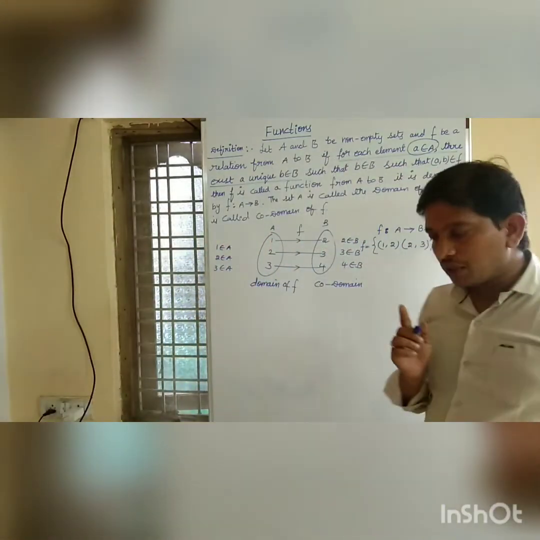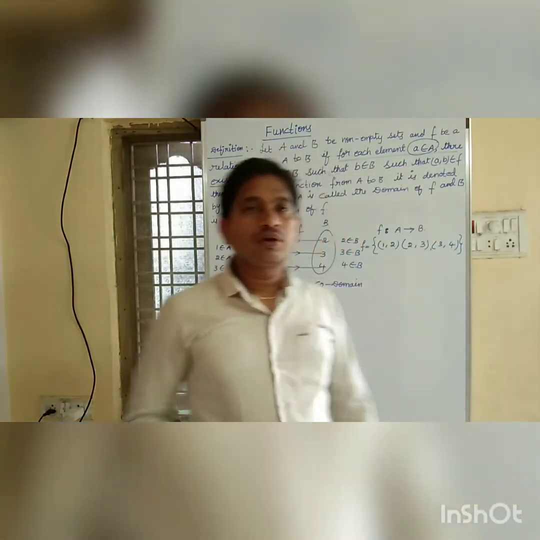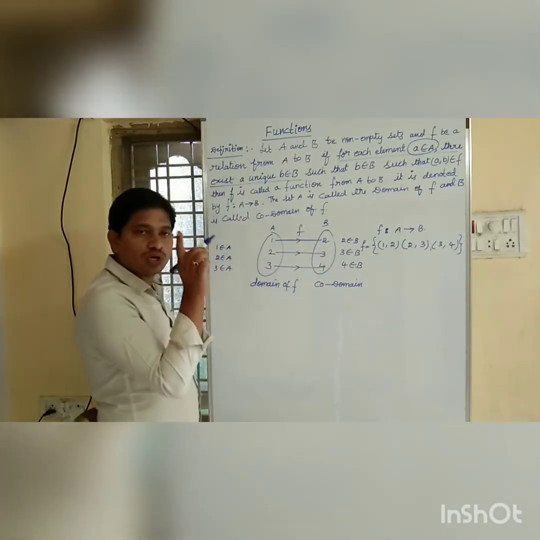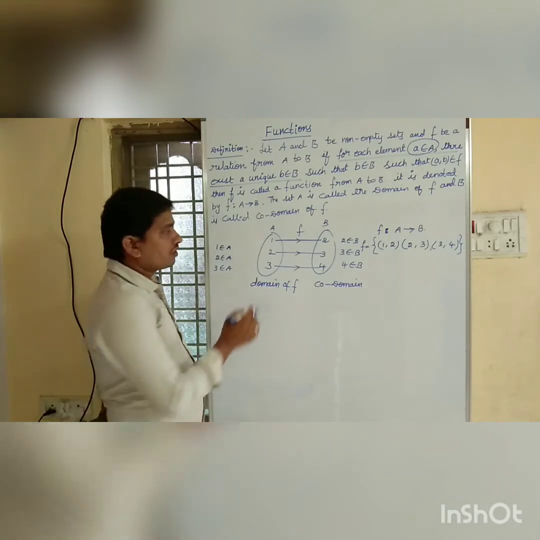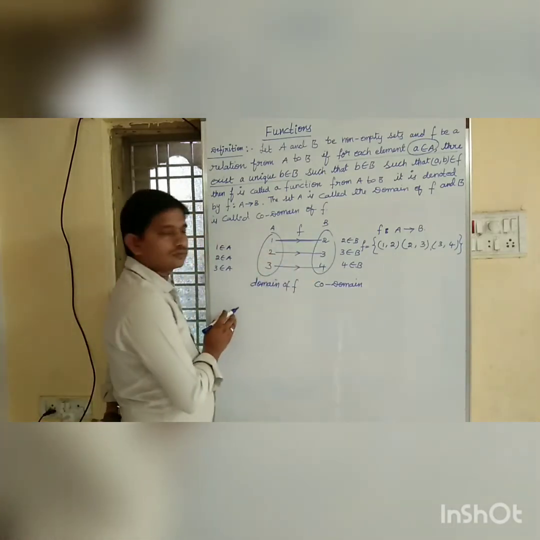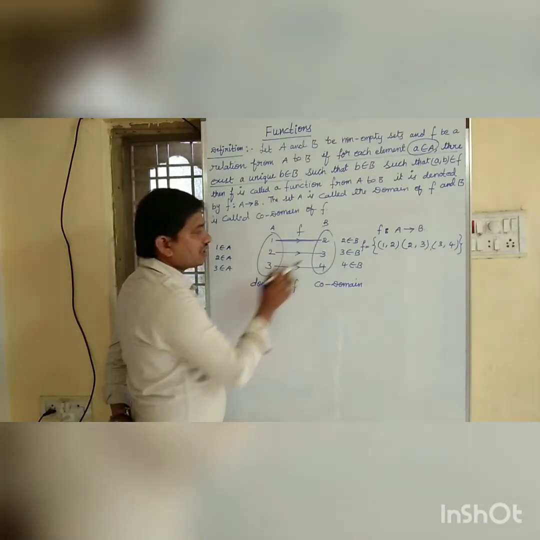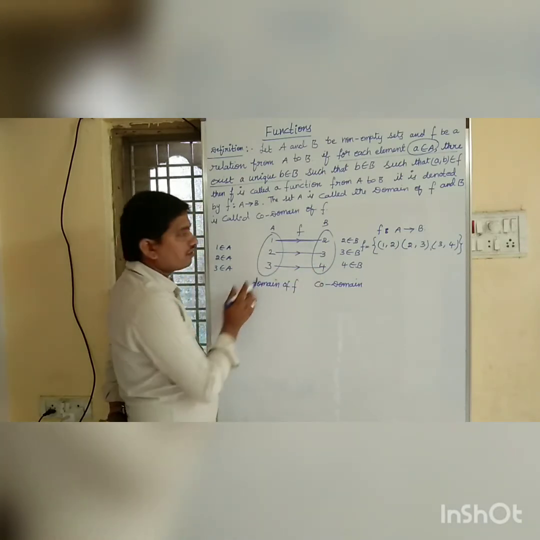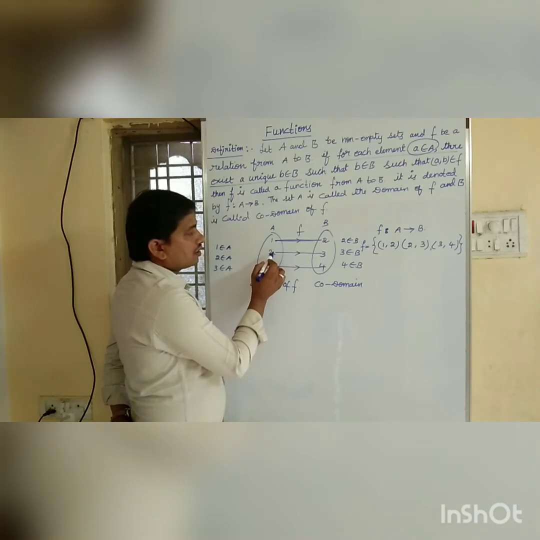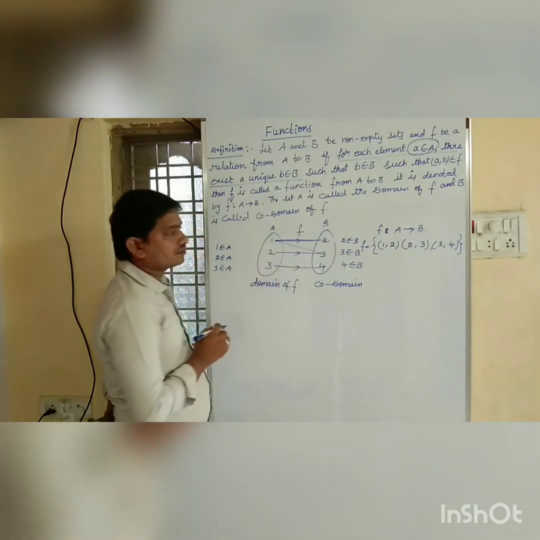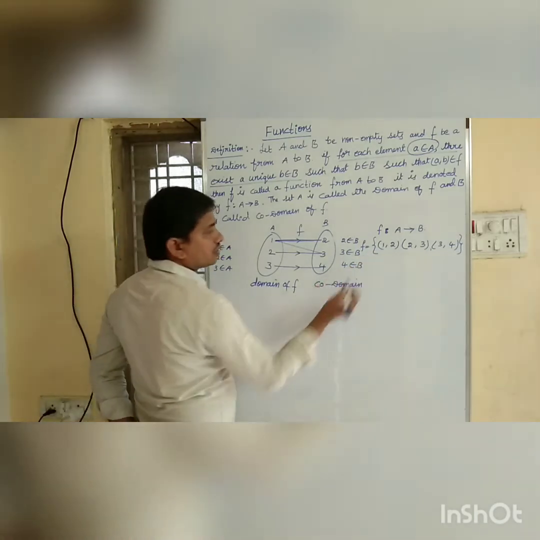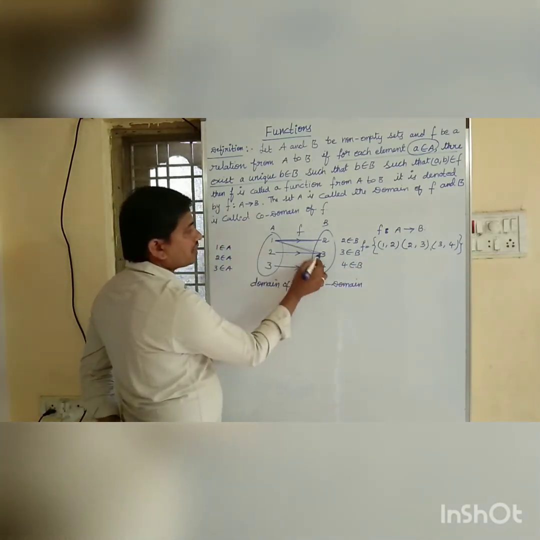Children, here one more important point: one element must be mapped with only one element in B. 1 is mapping with 2, 2 is mapping with 3, and 3 is mapping with 4. Can 1 again map with 3? As the function is (1,2), can 1 also map with 3?